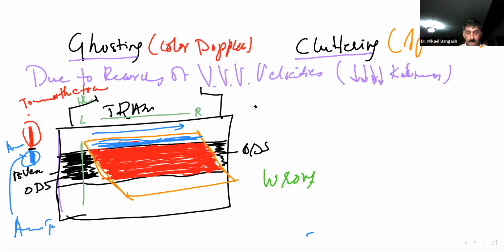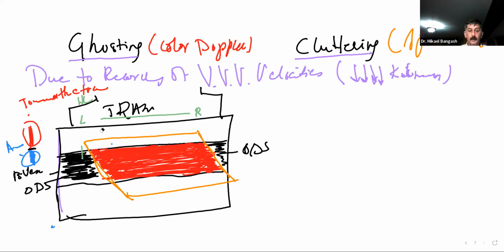But anyways, this is our image with no ghosting. Right now we don't have ghosting. So what is it that ghosting is going to look like?